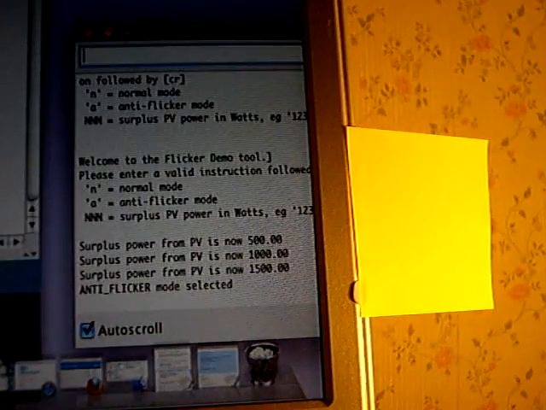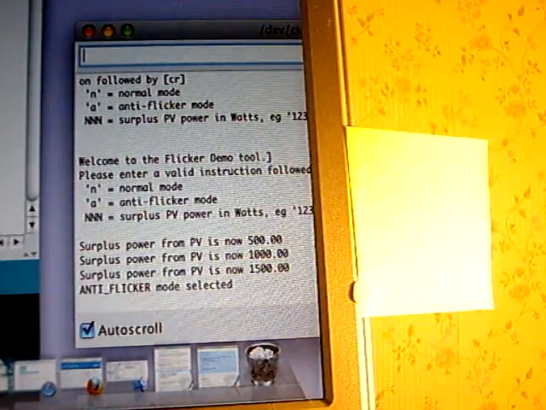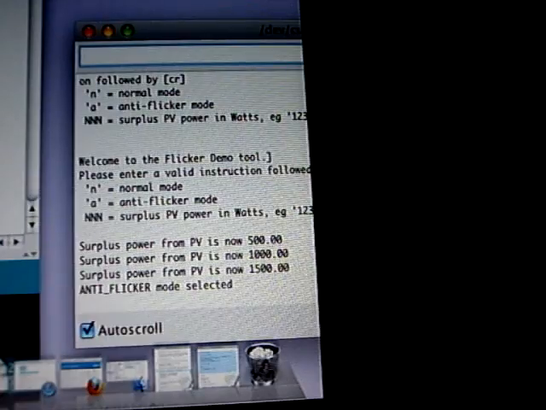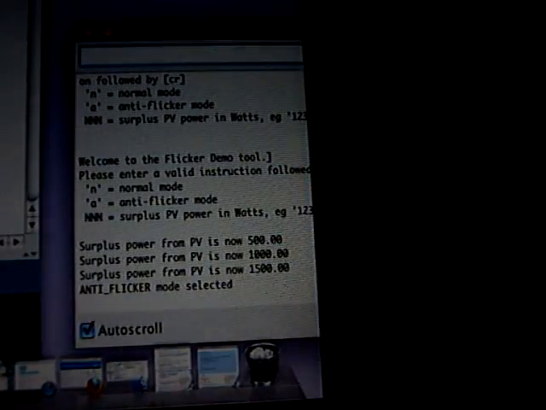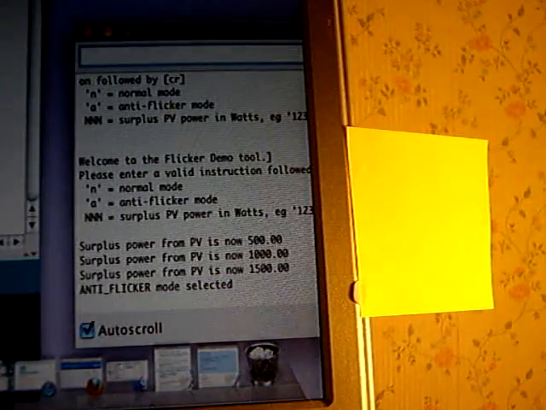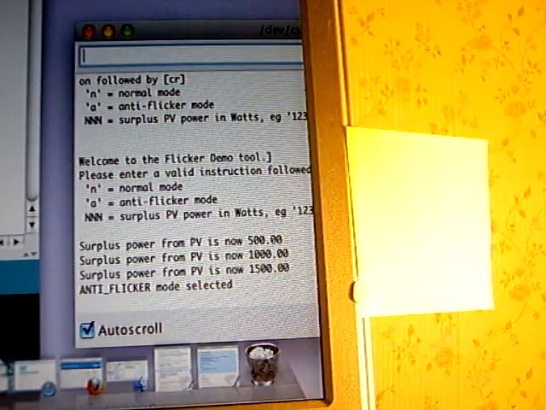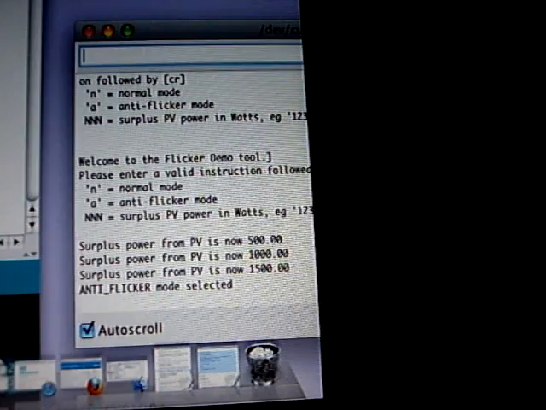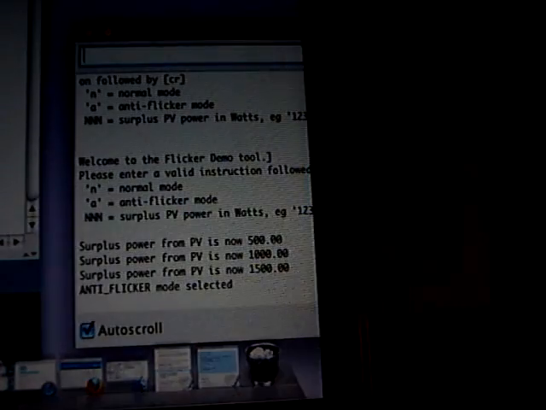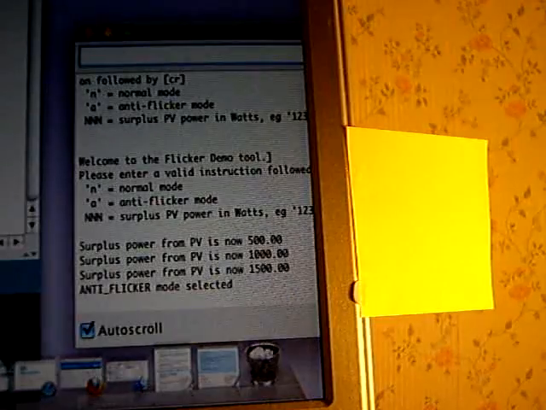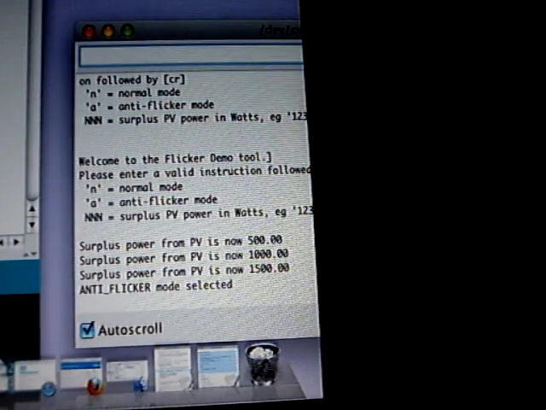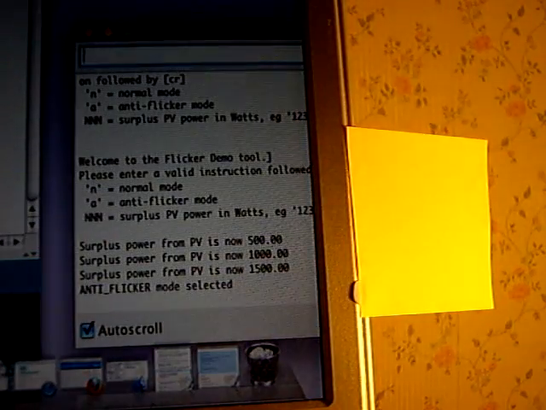When the bucket level gets to 80%, the triac goes fully on and stays on until the level gets to 20%, and then it turns off until the level gets back to 80% again. Because I've got 1500 watts of simulated power and 3000 watts of simulated dump load, the charge up rate and the charge down rate are exactly the same.